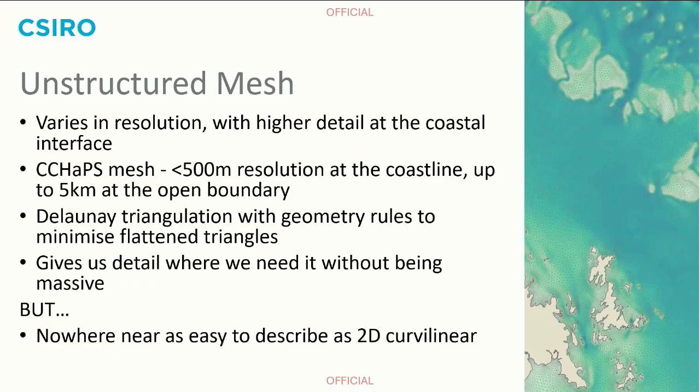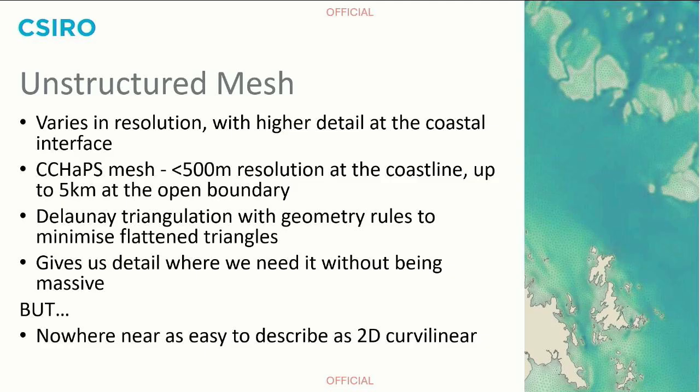So what we're doing is modeling using an unstructured mesh. For our CHAP SCHISM work, we used, I think it was, the OCSMesh library to create a variable resolution unstructured mesh of triangles with about 500 meter resolution at the coastline.